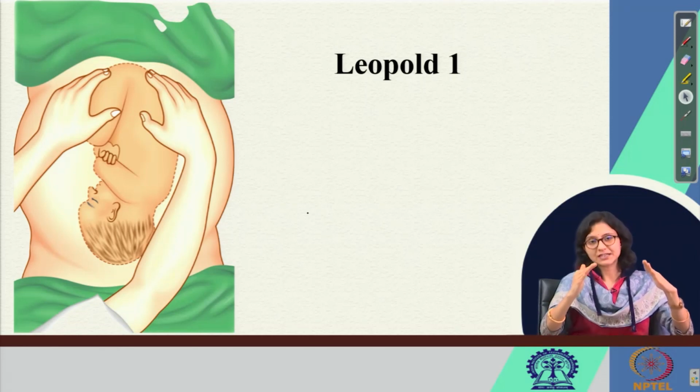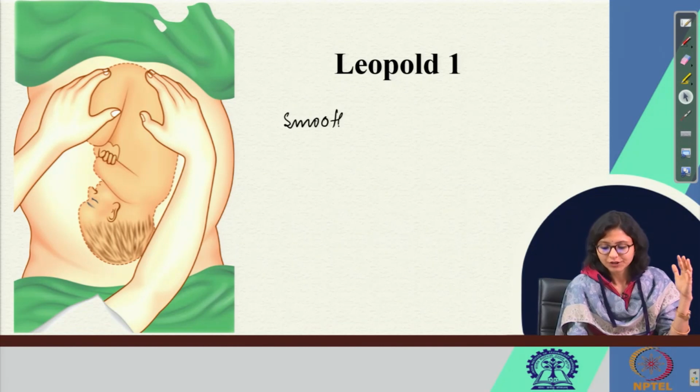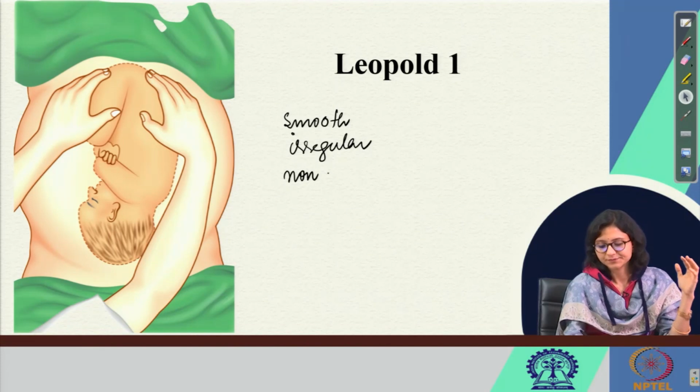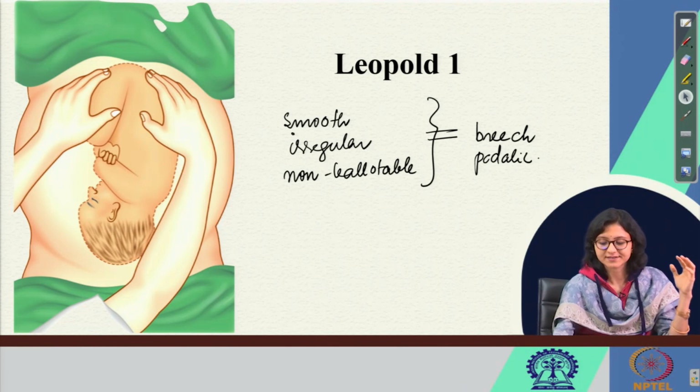You palpate the fetal part and feel what it is. If it is a smooth, irregular, non-ballotable part being palpated, it is signifying that it is the breech or podalic end of the fetus.